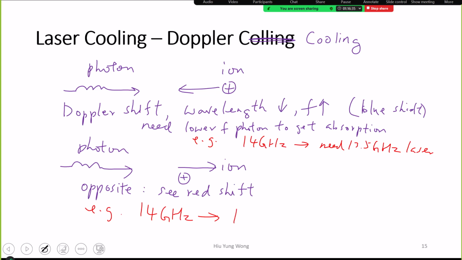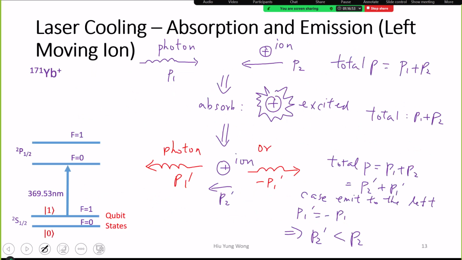Now you would need to put in a 14.5 gigahertz laser, which is not good. So what will I do? I will just shine a laser with 13.5 gigahertz from the left. Then if your ion is moving towards me, you will be able to absorb my light due to blue shift, and then you will emit the photon in either direction. Then overall, you will cool down after many times.